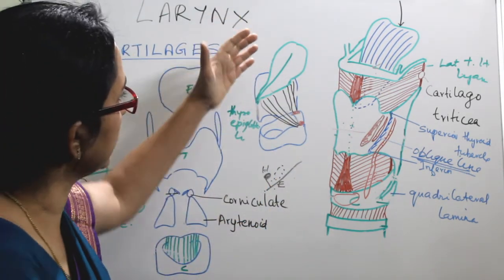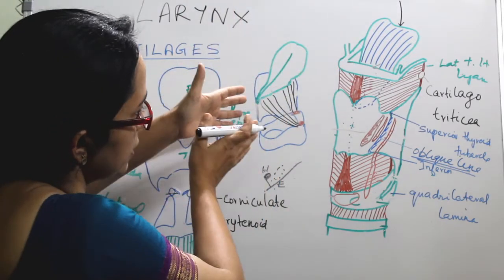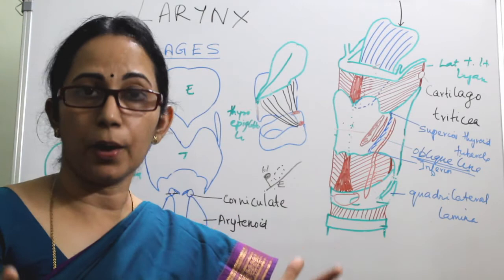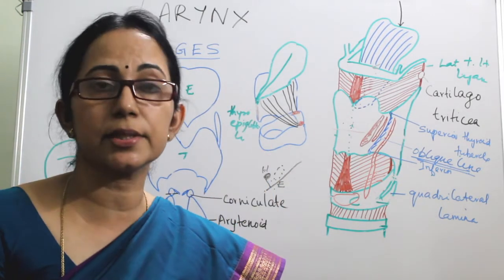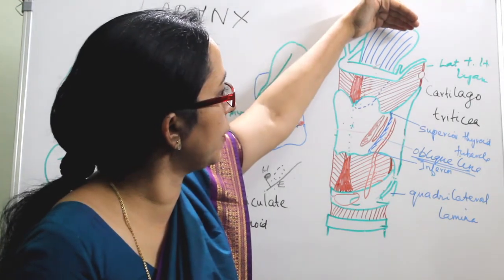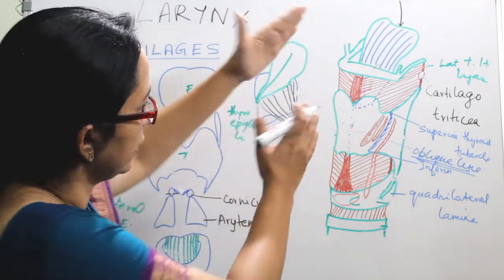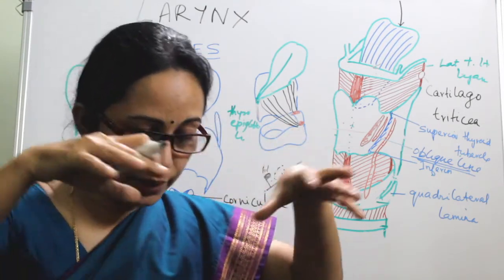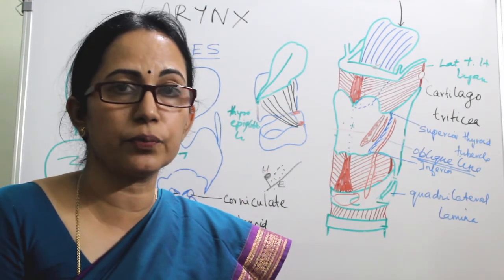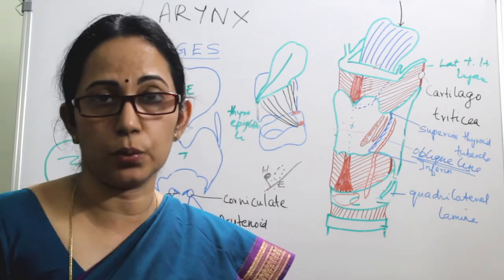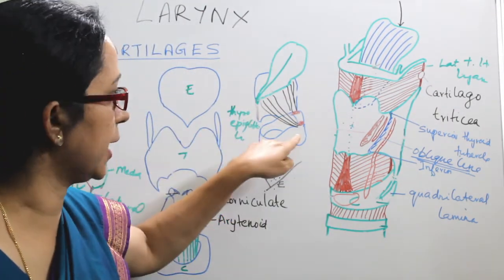So actually this epiglottis with the aryepiglottic fold forms the boundary, the marginal zone of the laryngeal inlet. Superiorly comes the free border, and laterally comes the aryepiglottic fold. So the free border along with the aryepiglottic fold forms the inlet or the marginal zone of this larynx.